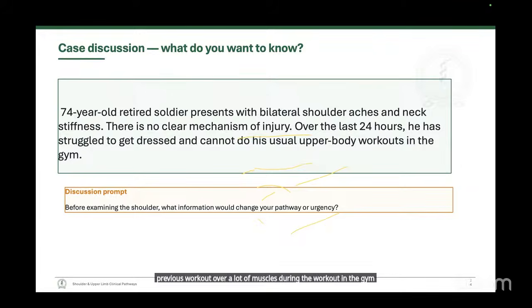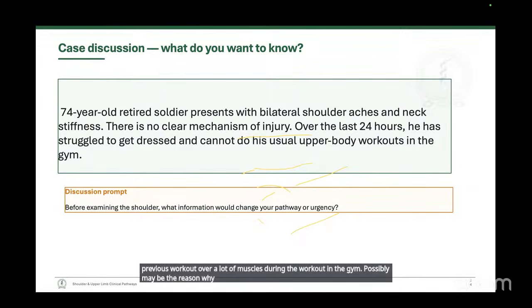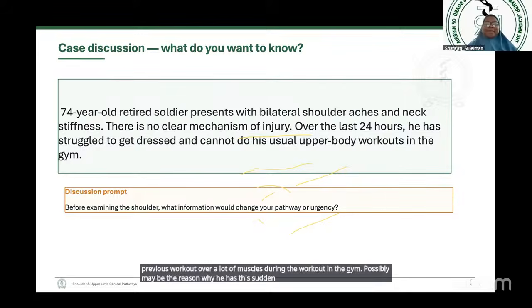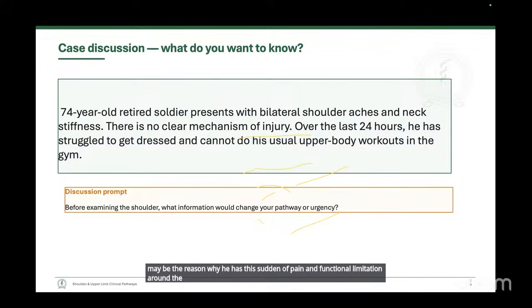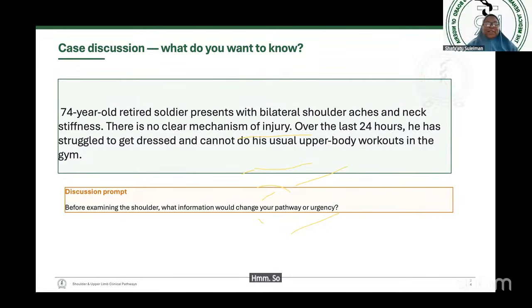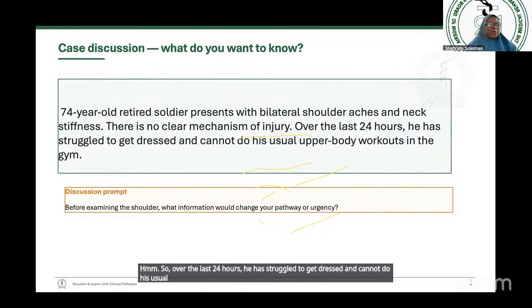Possibly that may be the reason why he has this sudden presentation of pain and functional limitation around the shoulder. So over the last 24 hours, he has struggled to get dressed and cannot do his usual upper body workouts. But before 24 hours, he could do them.